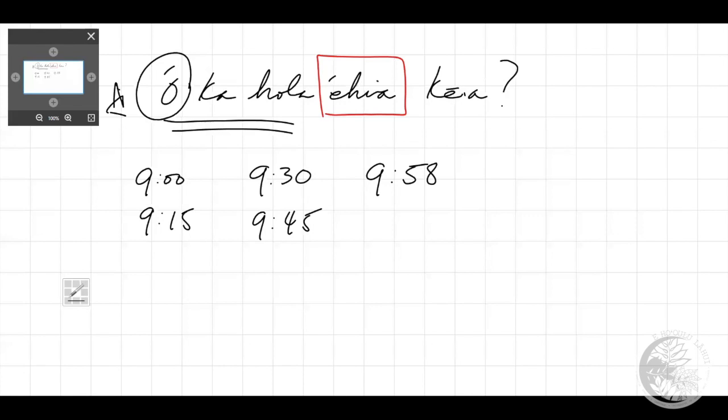And if I was to express this as a regular time, I would say okahola eva keia. Oka hapaha ihala kohola eva.